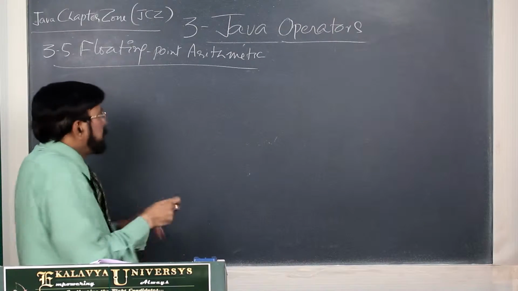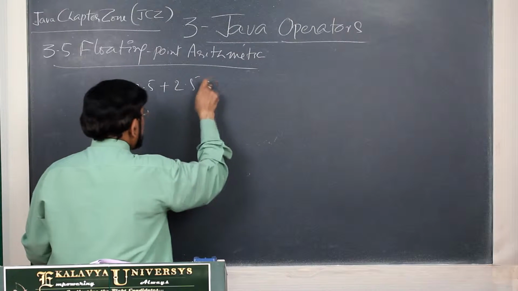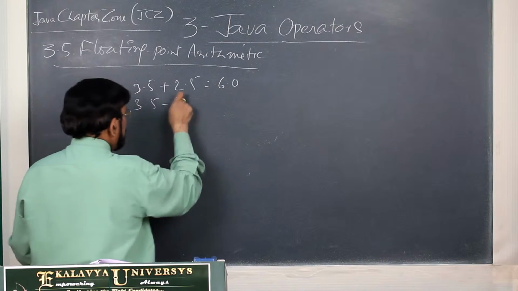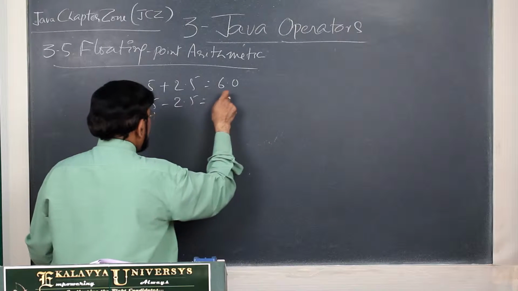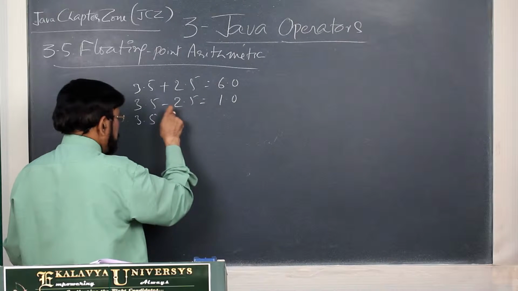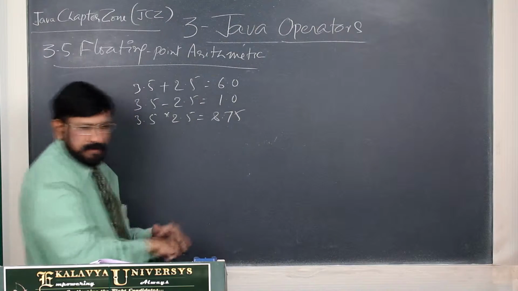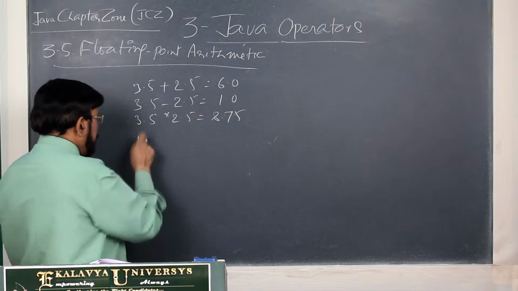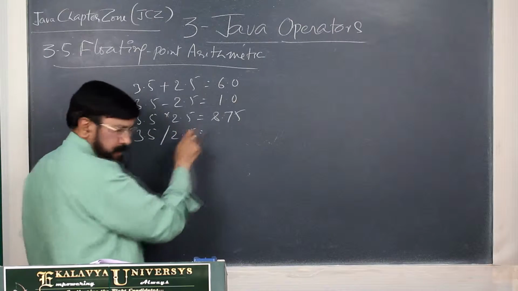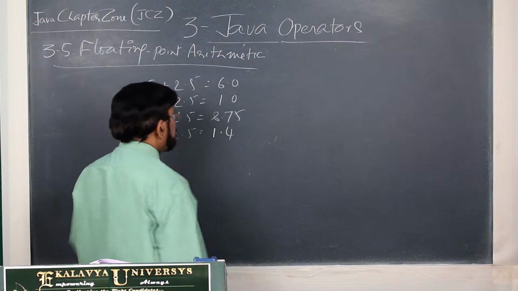Just for example, 3.5 plus 2.5, 6.0. 3.5 minus 2.5, this is 1.0. 3.5 multiplication 2.5, this is 8.75, and 3.5 by 2.5, this is 1.4.